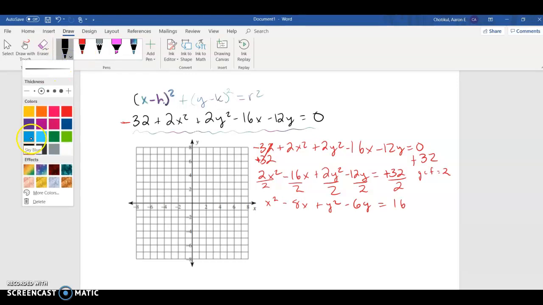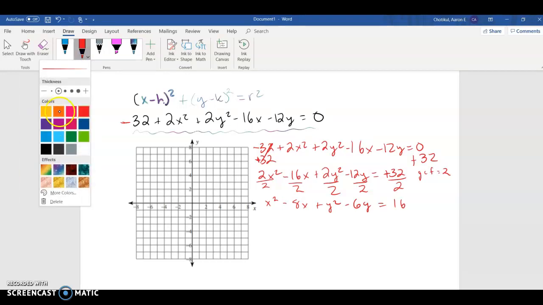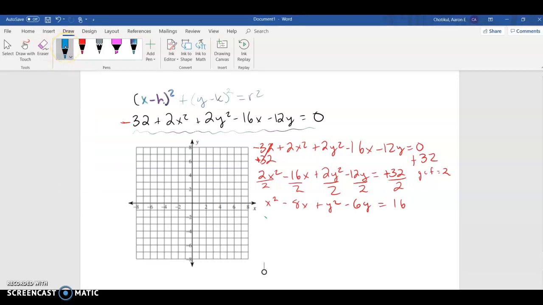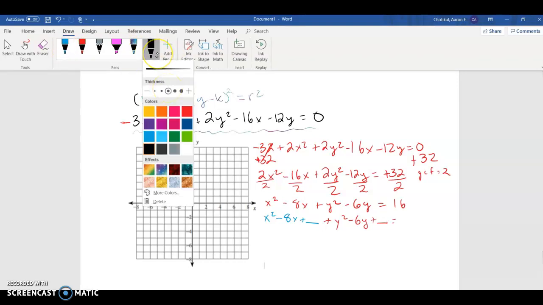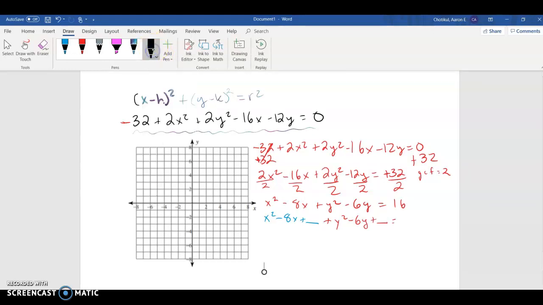We have x squared minus 8x plus blank, plus y squared minus 6y plus blank, is equal to 16 plus blank plus blank. Now I got them color coded so you guys can see what we're doing here.